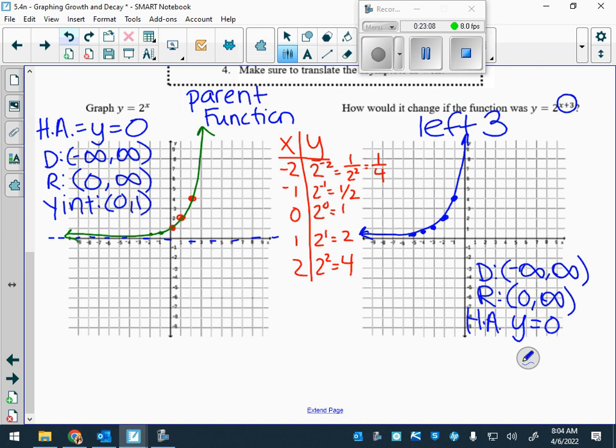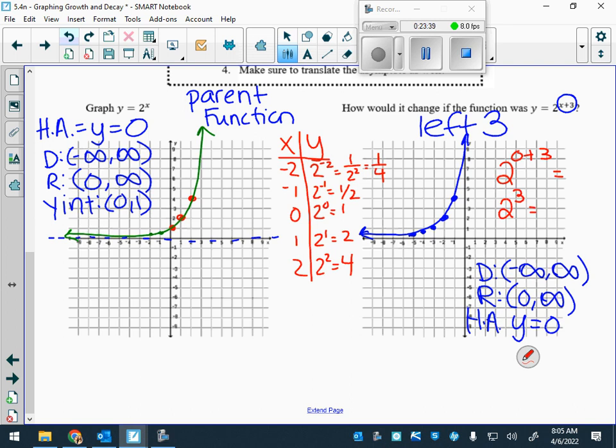Now, we have to find the y-intercept. How we do that is what? We don't have it shown on these 5 points, so we have to find it. Plug 0 in for x. So when I substitute 0 in for x, I have 0 plus 3.